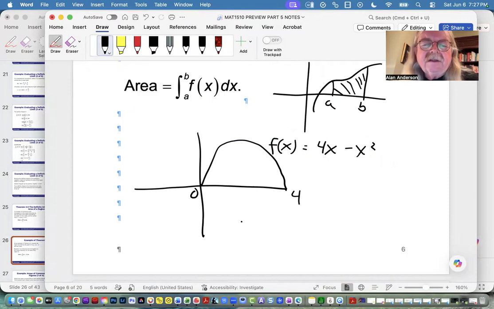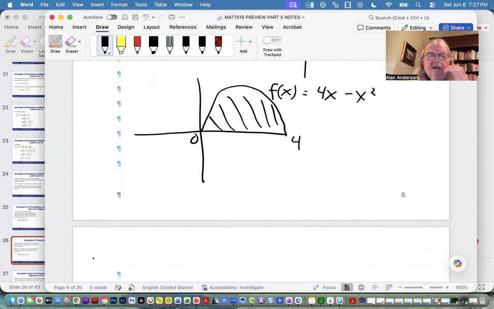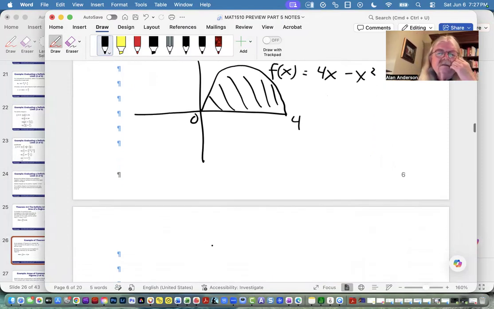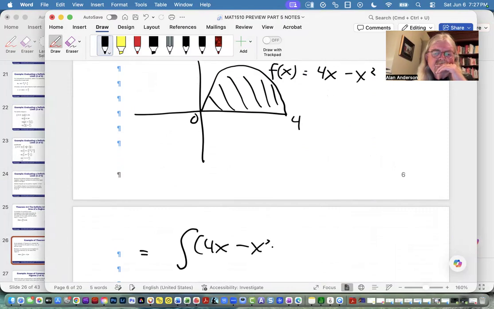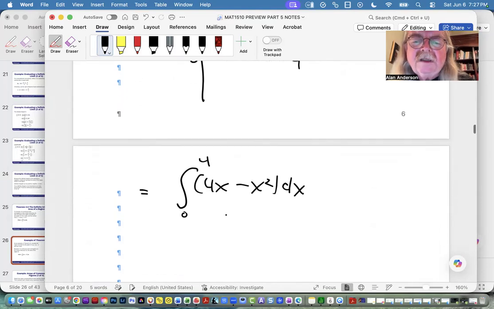So how do we figure this out? We have an integral defined between 0 and 4.